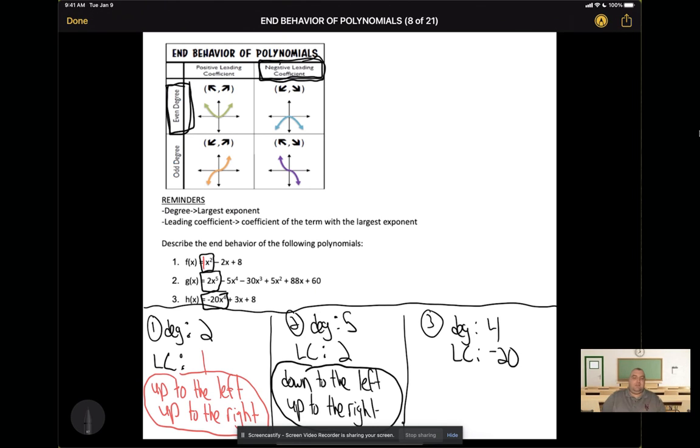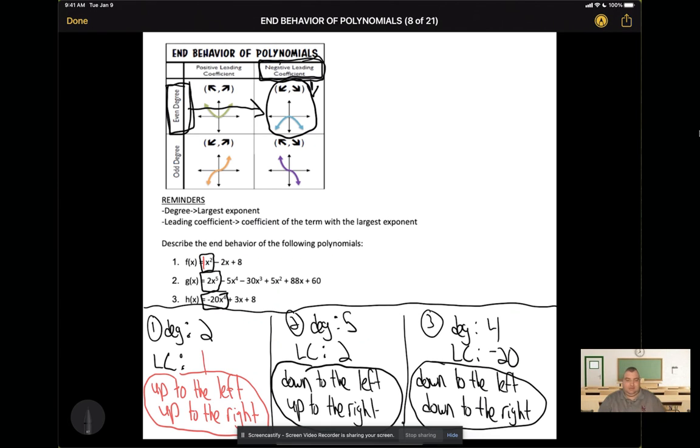So I have an even degree and a negative leading coefficient. This right here is going to be my end behavior. So my end behavior would be down to the left and down to the right.